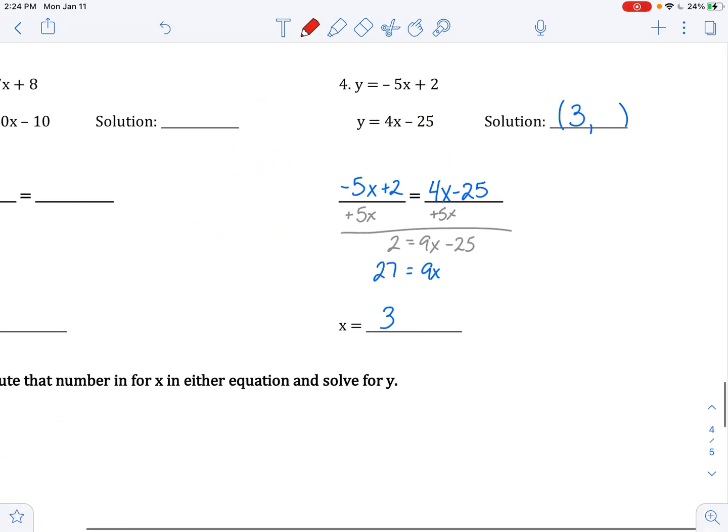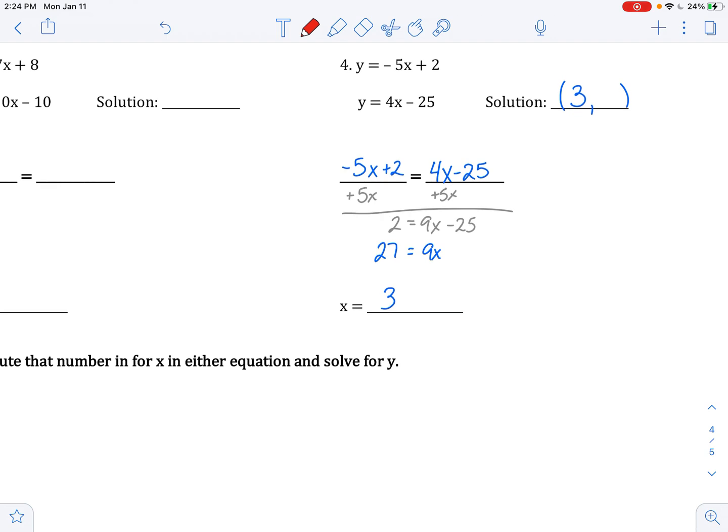So what I can do is take that 3, that knowledge I just gained, and say, well, y equals 4x minus 25, but I know what x is. I know x is 3.